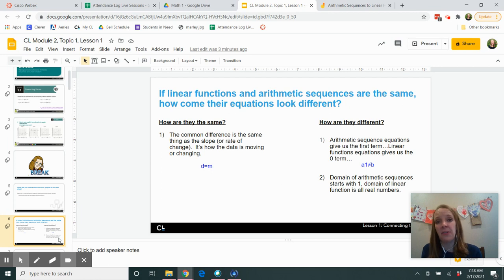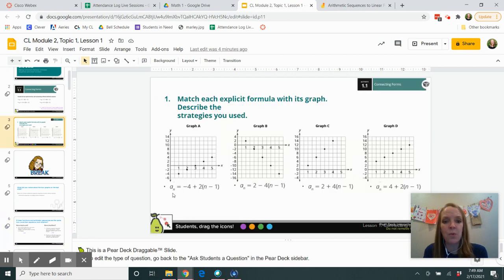B is not the first term. Let me go to a graph so you can visualize it. B is your y-intercept, right? It's where your graph crosses the y-axis. That's not where x is 1. That's not the first term. That's called the 0 term.